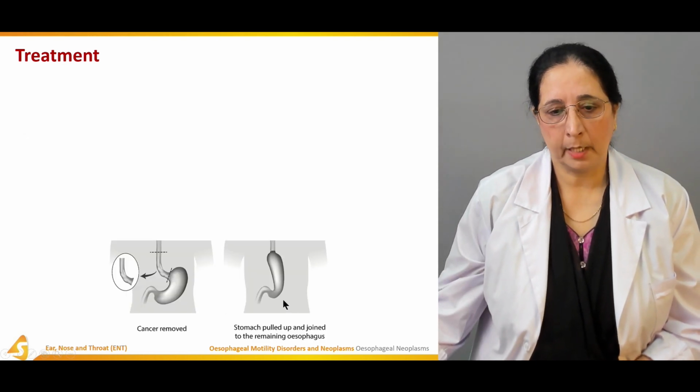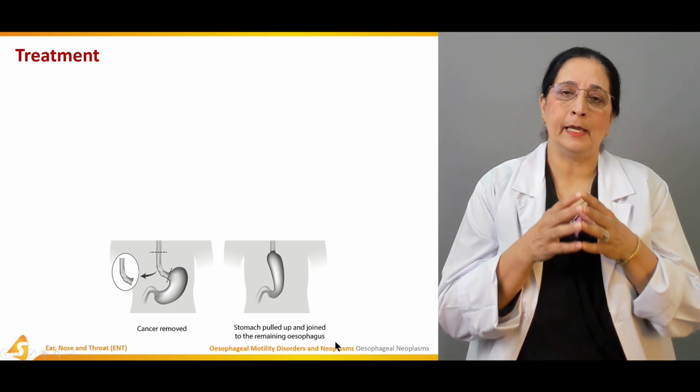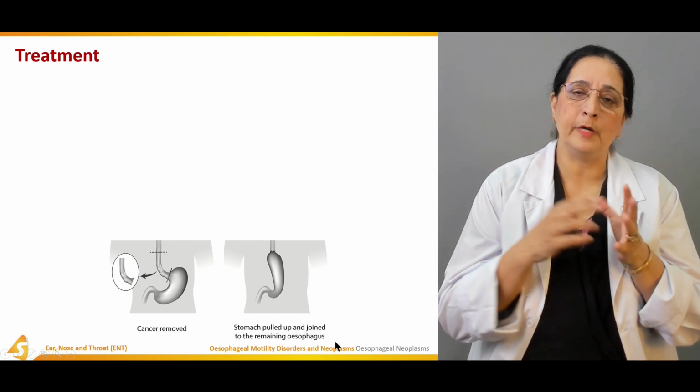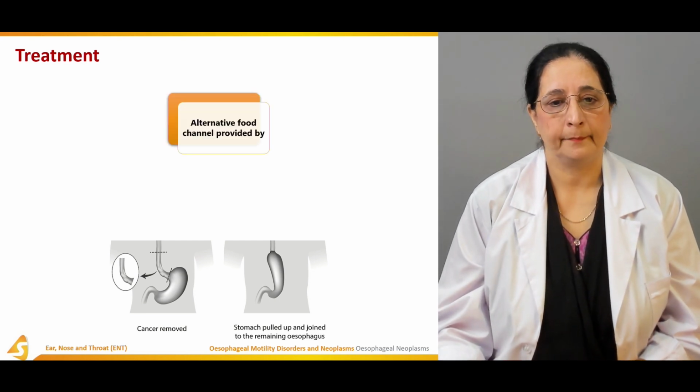Cancer is removed, and the stomach is pulled up and joined to the remaining esophagus. So the part of the esophagus that has the tumor is removed and then a channel or tunnel is created.